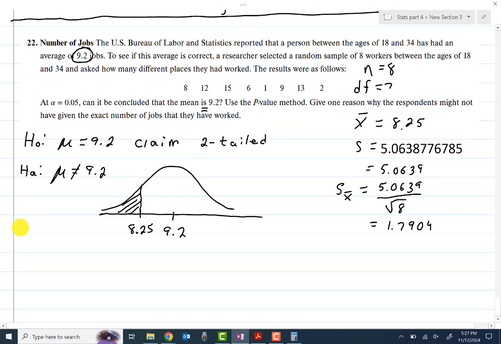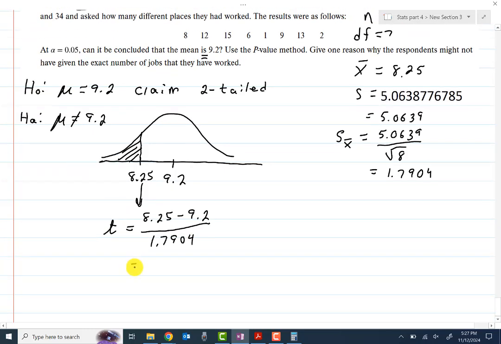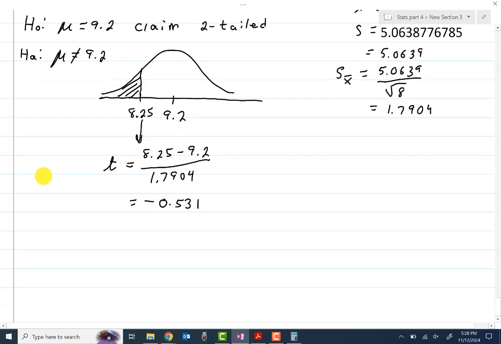And we do that. Let's get a t-value on it. 8.25 minus 9.2 divided by 1.7904 is negative 0.531. Another picture.